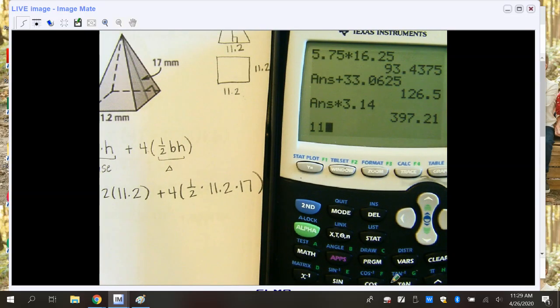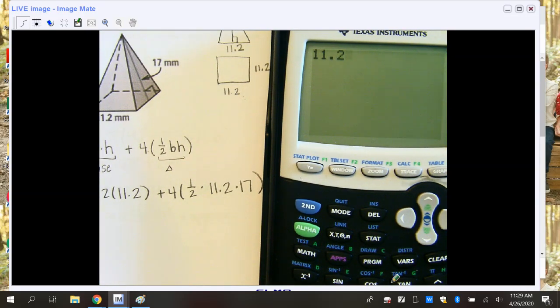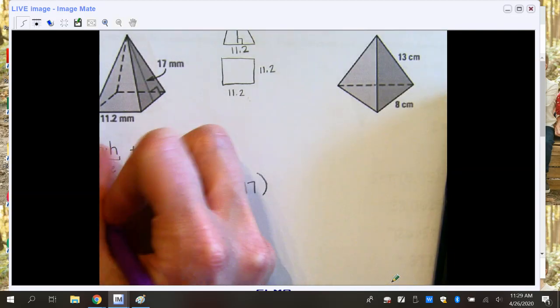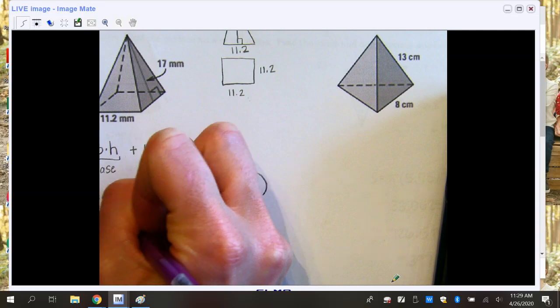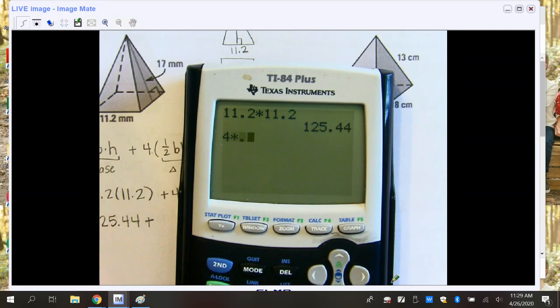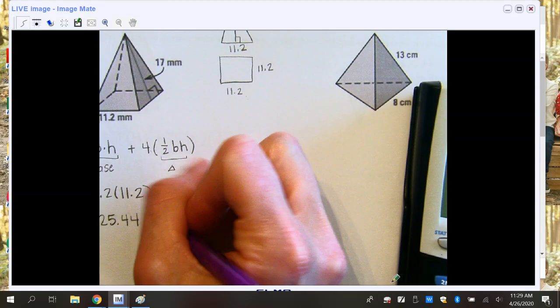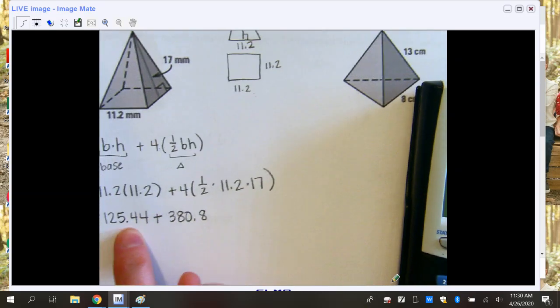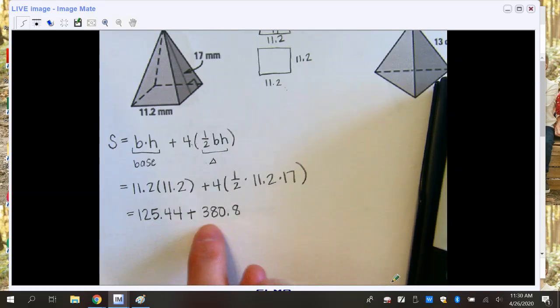All right, so 11.2 times 11.2 is 125.44. And then 4 times 1/2 times 11.2 times 17 is 380.8. So again, that is the area of the base.